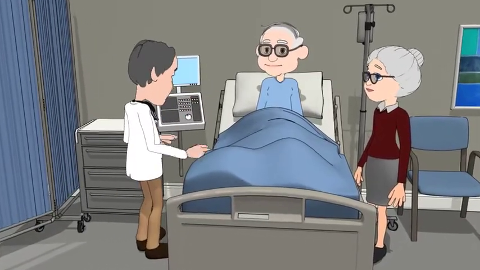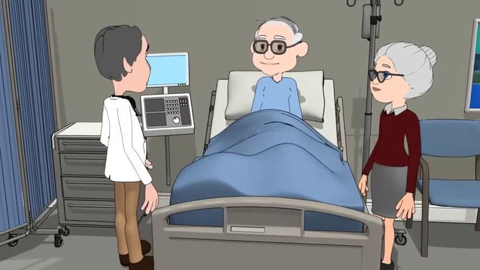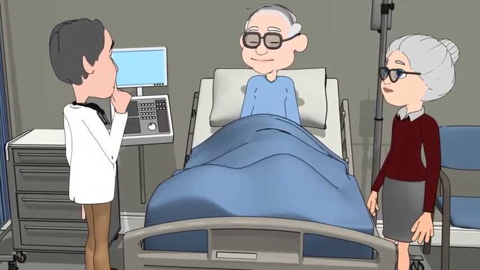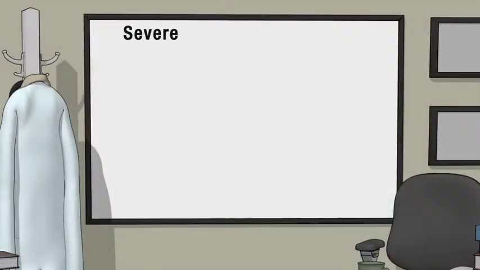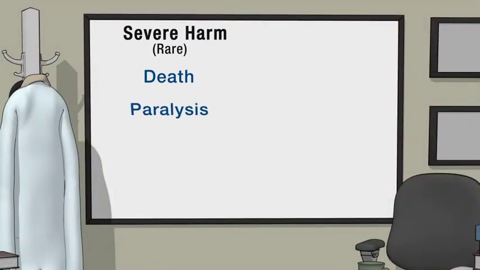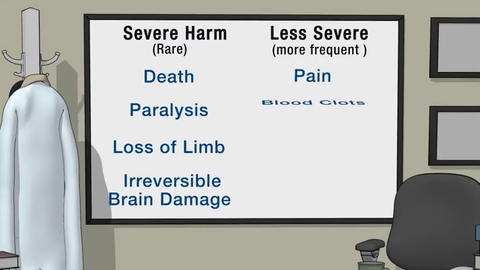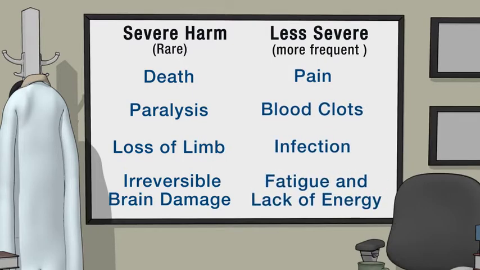Instead, it is considered the standard of care for the doctor to review with the patient two broad types of risk. First, if the procedure has a risk of severe harm, such as death, paralysis, loss of limb, and irreversible brain damage. And secondly, risk of complications, although not as serious, but which are more frequently associated with the procedure, should be reviewed with the patient.